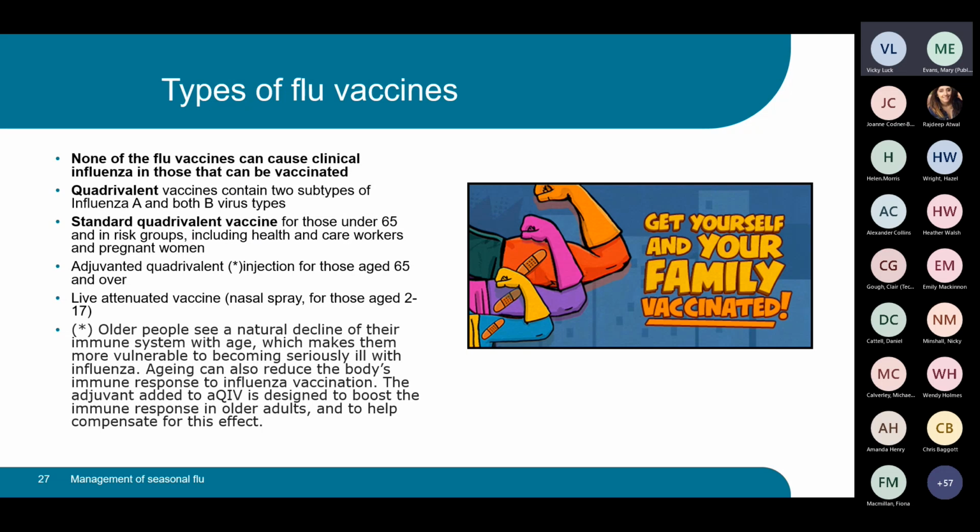And then we have a live vaccine, that is the nasal spray, which is offered to those aged 2 to 17. Again, there's additional information on the slides if anybody wants more information about the vaccine types.